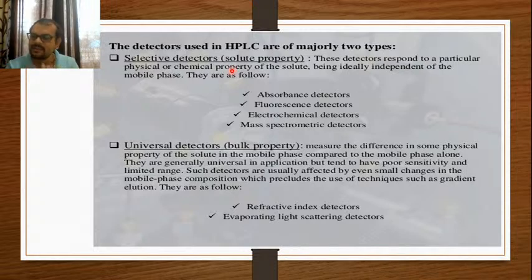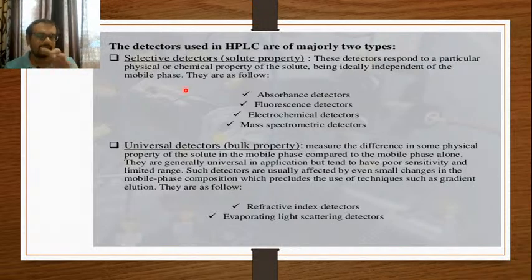Most of the cases it has to deal with the chemical property, but they are not dealing with the variety of chemical properties of the analyte. They are dealing with a single property of an analyte, and that's why they are called solute property or selective detectors. That means they only select a particular chemical and physical property and then give out their signals.